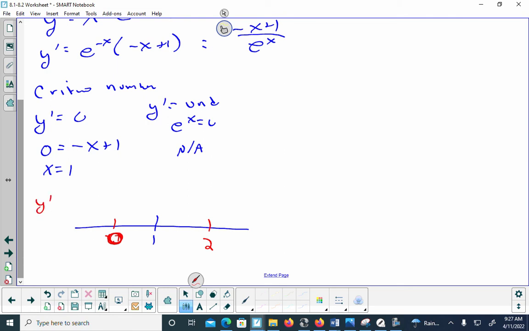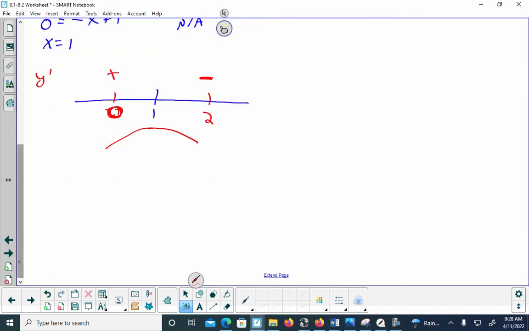When I put 0 into this first derivative, that's going to give me a positive number. And when I put 2 in here, that's going to give me a negative number. So my function is increasing, reaches a relative maximum, and then starts decreasing.